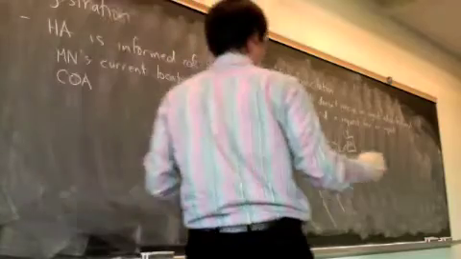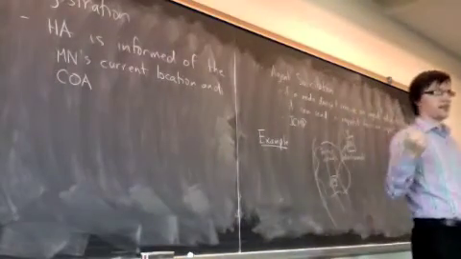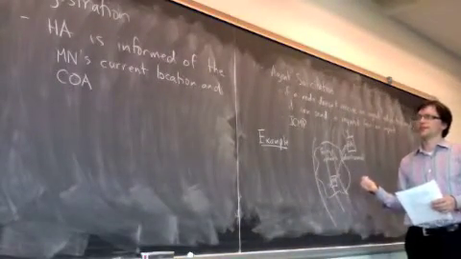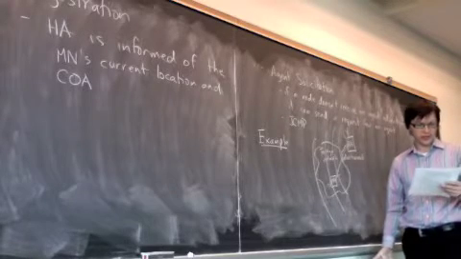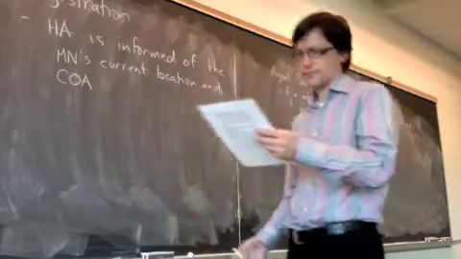So in other words, a message is passed back to the home agent saying your mobile node's over here, and here's the address at which it can be reached.